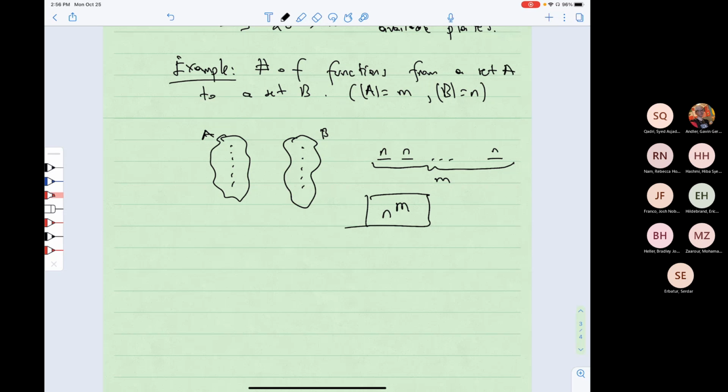Right? So we could define N to the M different functions, because the procedure of defining a function can be done in N to the M different ways. That's the gist.